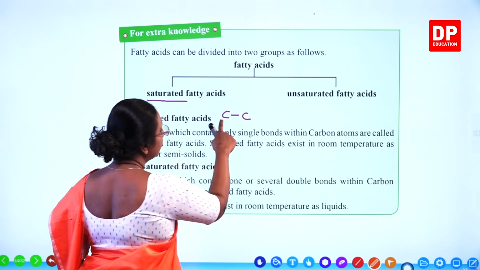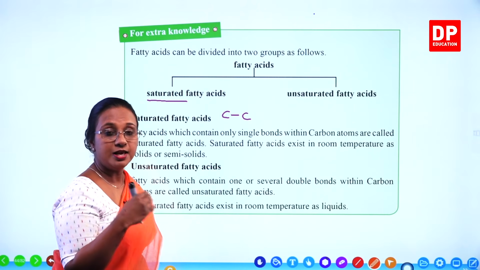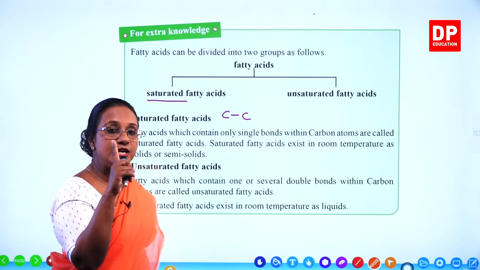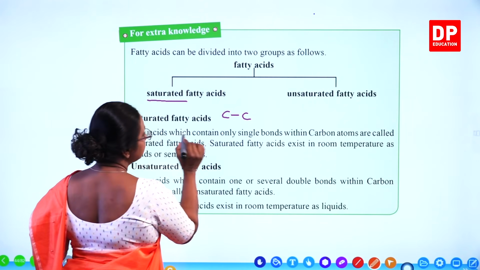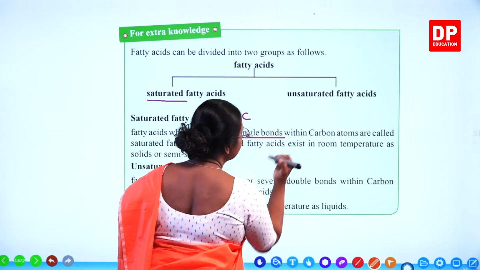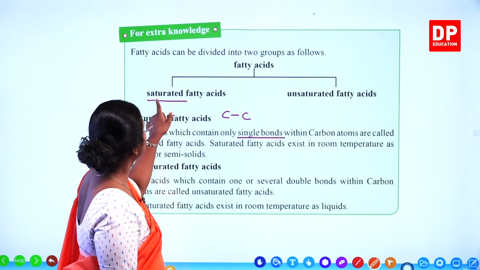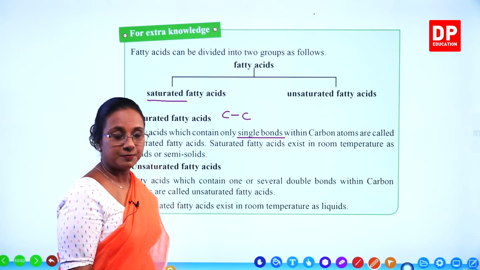When you take two carbon atoms which are next to each other in a molecule, they are chemically bonded, and if there is only one bond, that is a single bond. Fatty acids which contain only a single bond between carbon atoms are called saturated fatty acids.